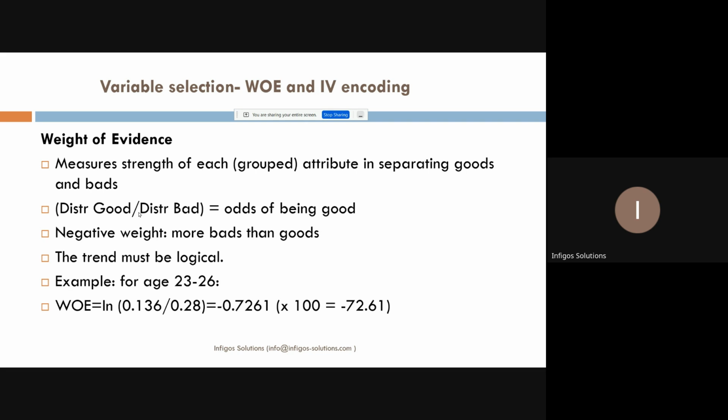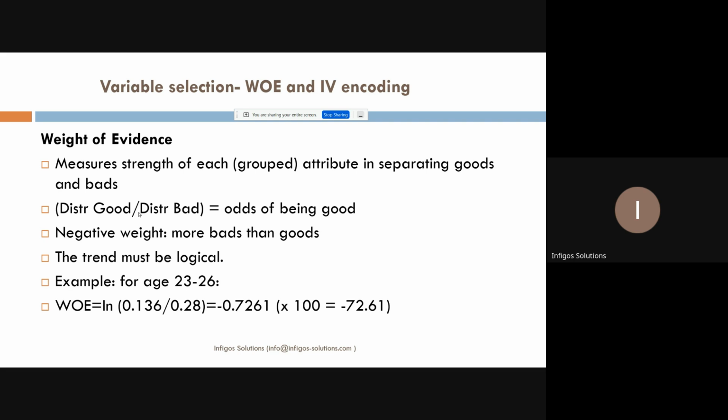If the value comes like 5, it's in the same range. So you try to create a homogeneous group within a variable. Once you create a homogeneous group within a variable, your logistic regression model will be homogeneous in its approach. So the idea is to create homogeneous groups and see how they behave in terms of trend.